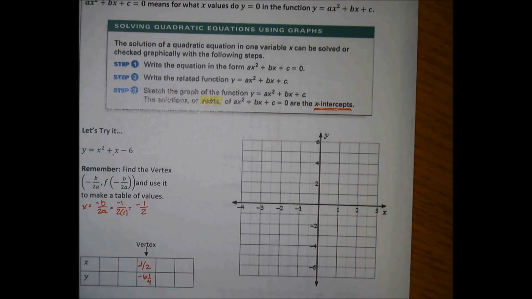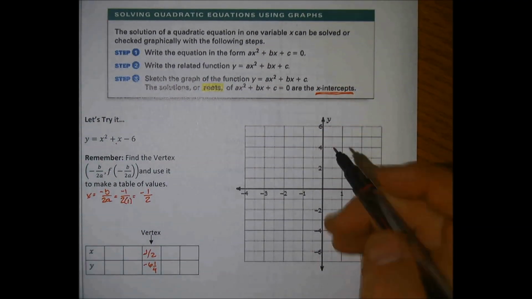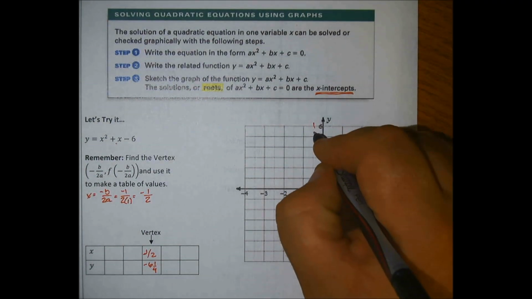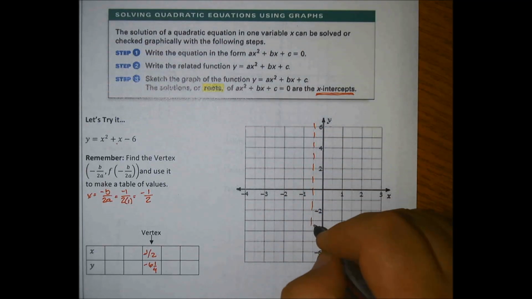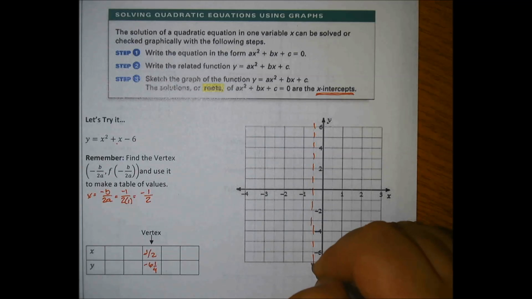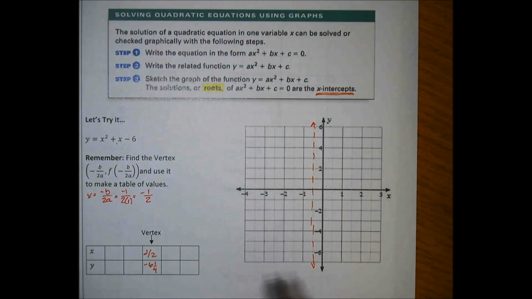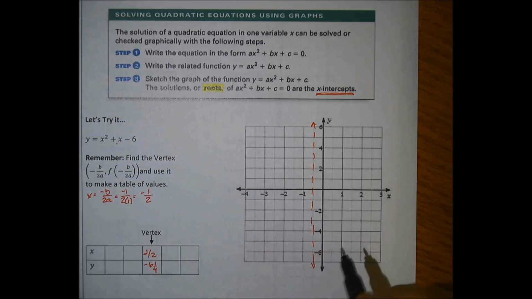So let's see, we have negative 1/2. I'm going to put my axis of symmetry here, and make sure to stay on the line. So I know it's on that dotted line, and it's at negative 6 1/4. That's going to be right about there. Every one of those lines horizontally is a point, so I'm saying it's right there.